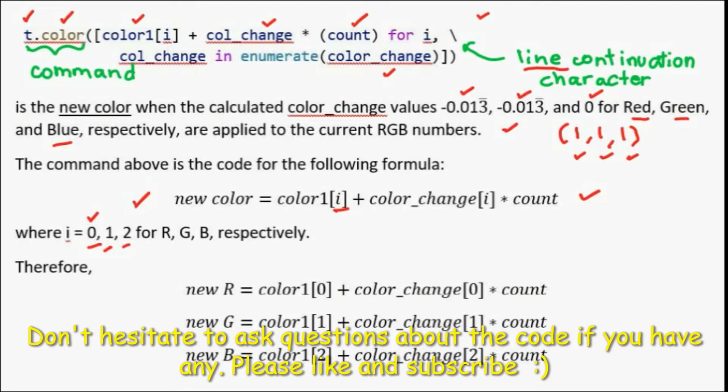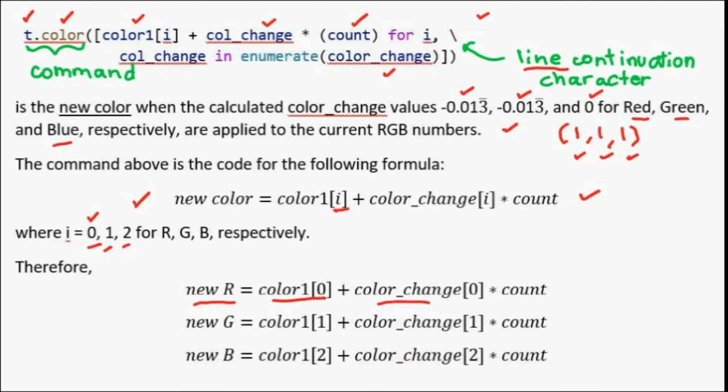So what does the formula imply? For example, if we're drawing a new line after the preceding line was drawn, what is the new R? The new R is equal to the initial color, the current value of the R, plus the color change value, which is negative 0.013 repeating.